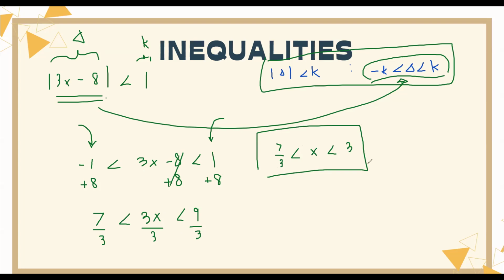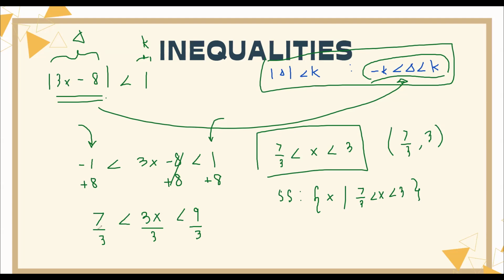If we write this in interval form, this is interval form: 7 over 3, 3. And this is its set form: x where 7 over 3 is less than x is less than 3. Paano nga po ulit naging 3 yung 7 over 3?